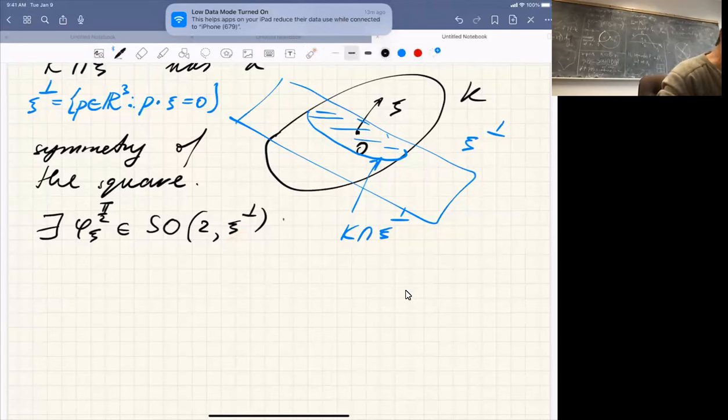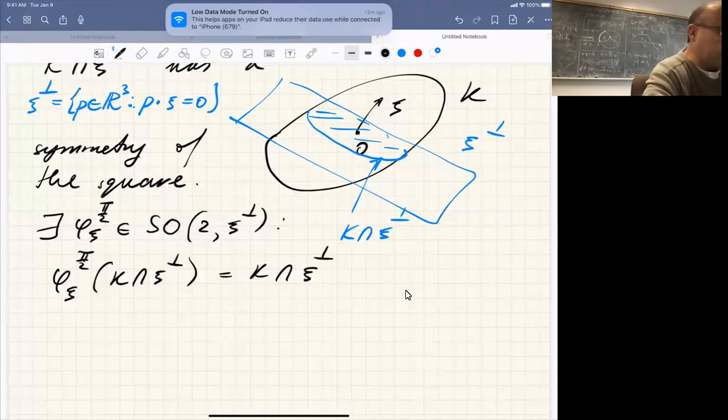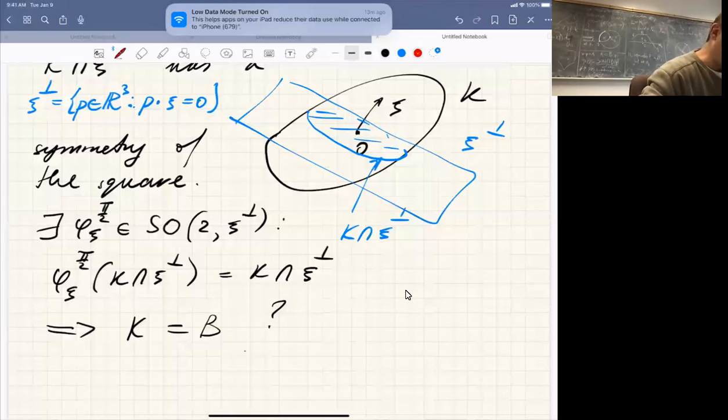Such that if I use this rotation phi xi pi over 2 of the section, it doesn't care. It's still K intersection xi perp. So the question is, does it follow that K is the Euclidean ball? B is always going to be the Euclidean ball.